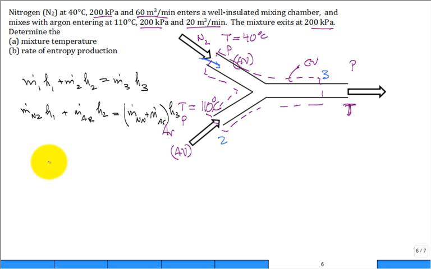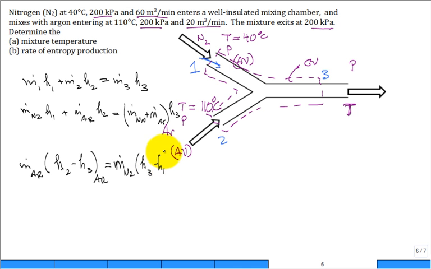I can rewrite this equation as the mass flow rate of the argon times enthalpy 2 minus enthalpy 3 of the argon is equal to the mass flow rate of the nitrogen times enthalpy 3 minus enthalpy 1 of the nitrogen.